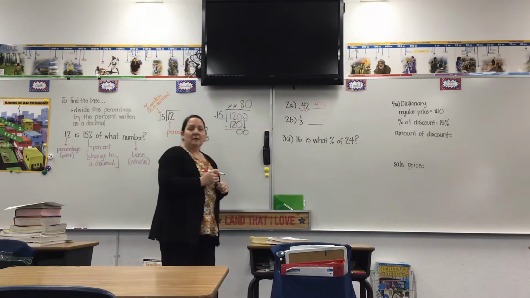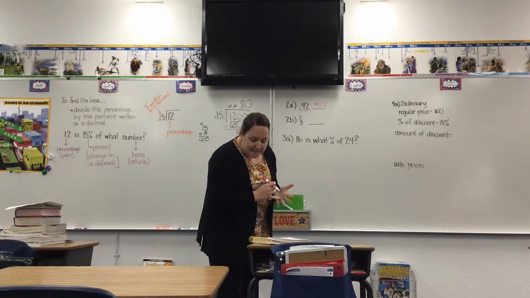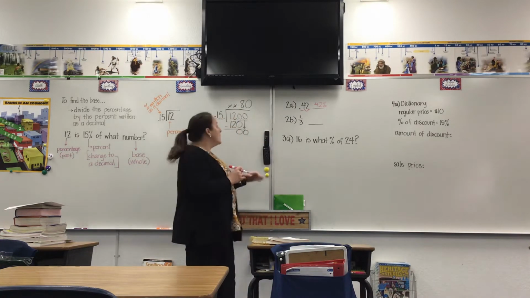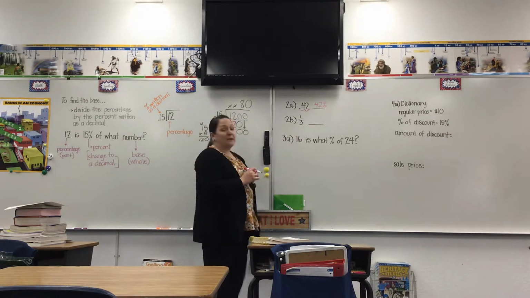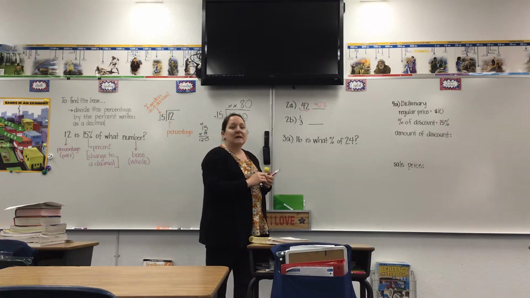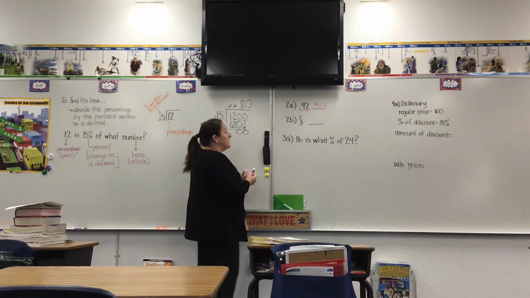Easy enough. Okay? So any of the ones that we have like that, A, C, E, and G, we're doing the same way. Okay? But what if we had something like 2B that says 1/3? How am I going to change that to a percent? If you remember, your decimal equivalent for 1/3 is 0.3 repeating.